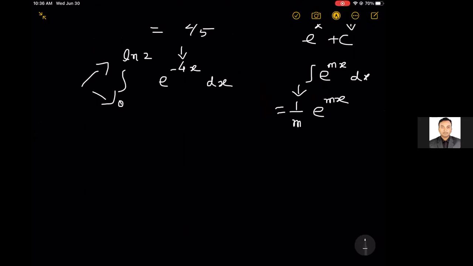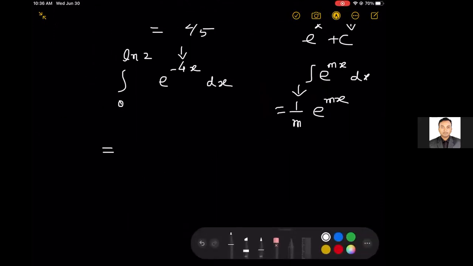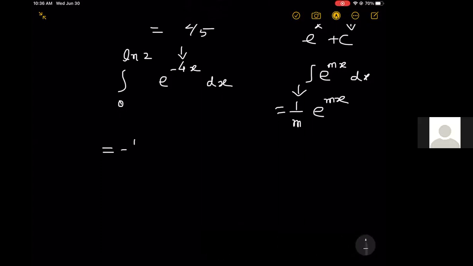So if we use that, what's the antiderivative of e to the negative 4x? Anyone? Negative 1/4 e to the negative 4x. Very good.